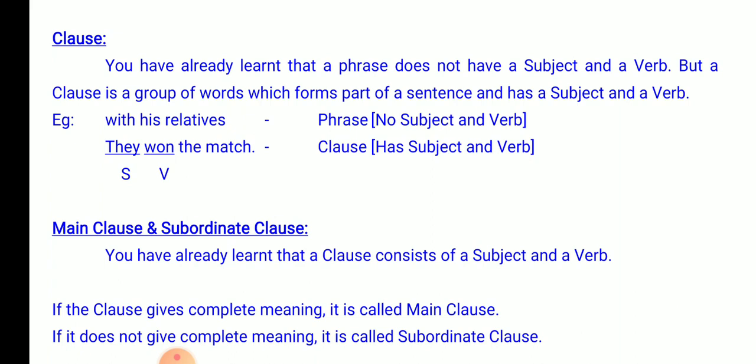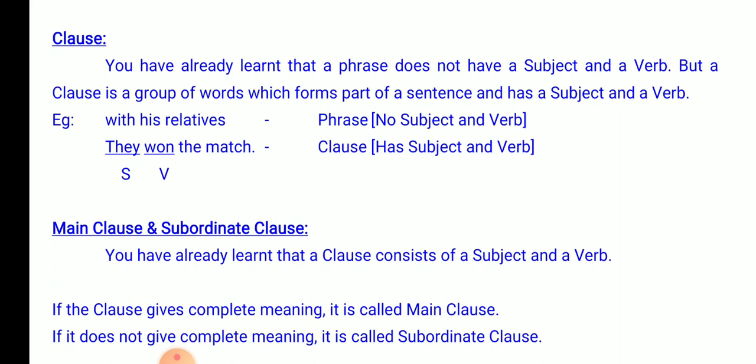A phrase is a group of words. A clause is also a group of words. The phrase has no subject or verb, but the clause has a subject and a verb.